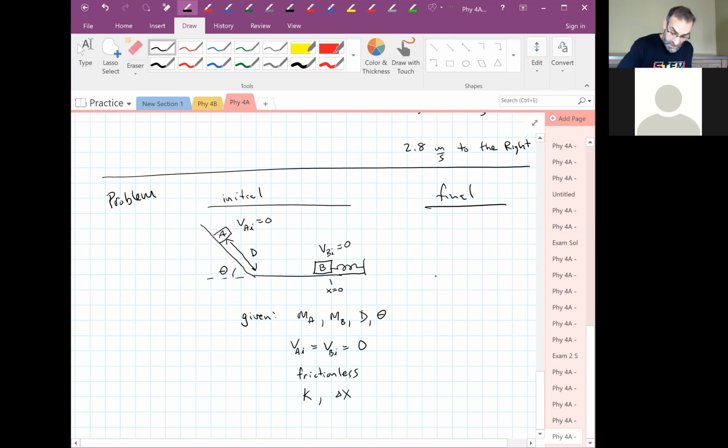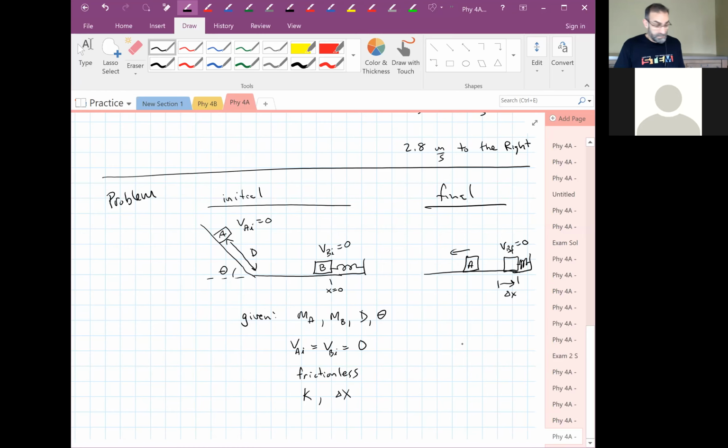And in the final state, we have A doing that, and B has come to rest, after compressing the spring by an amount delta X. So that's the information that's given.